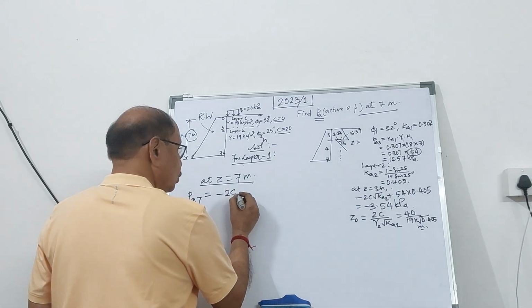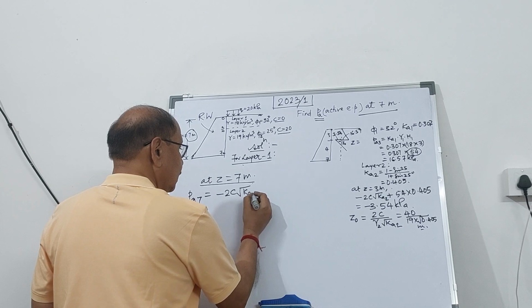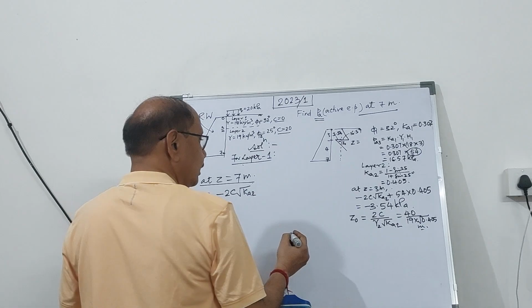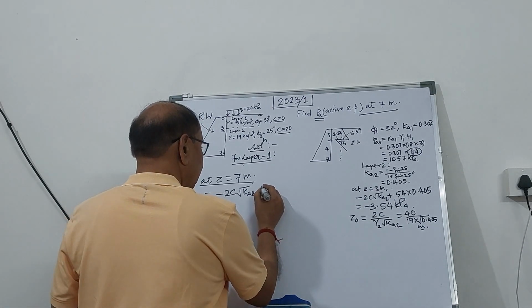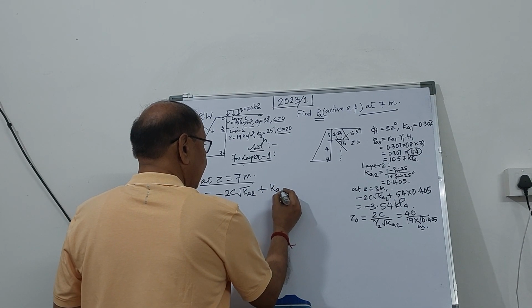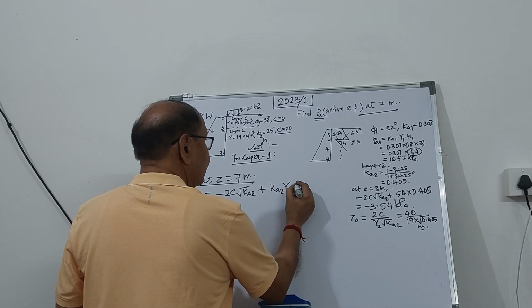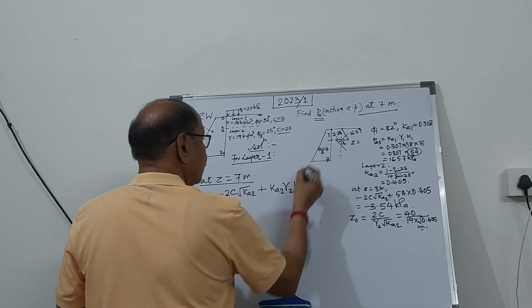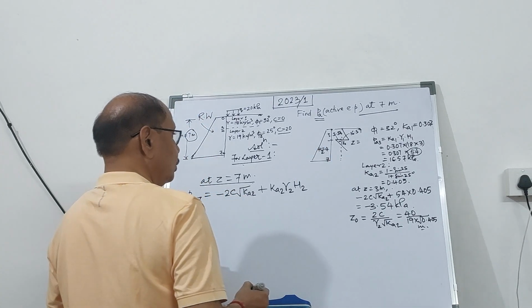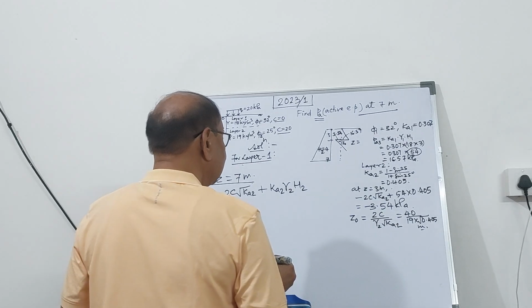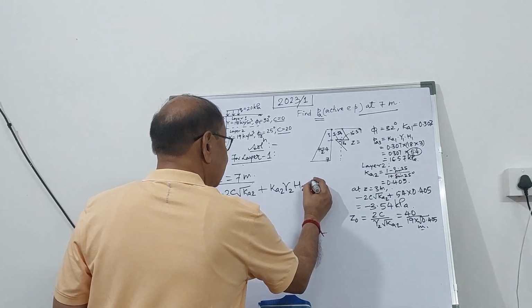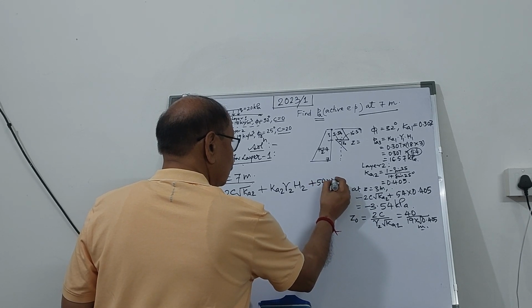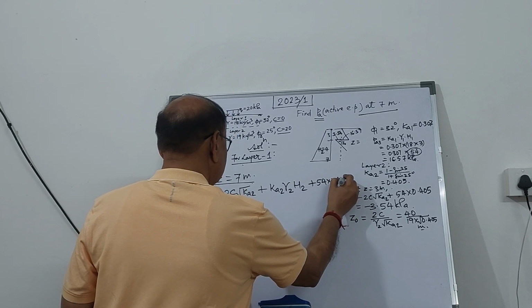Minus 2c under root K2, right? And plus K2 gamma 2 into H2. H2 equal to 4 meter. So for this there will be plus 54 into 0.405.